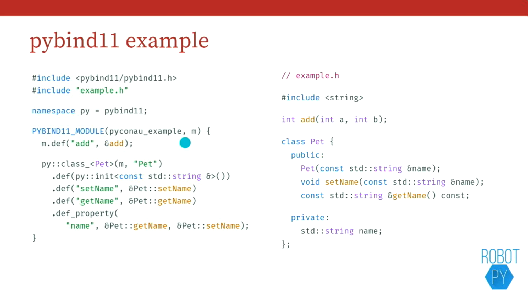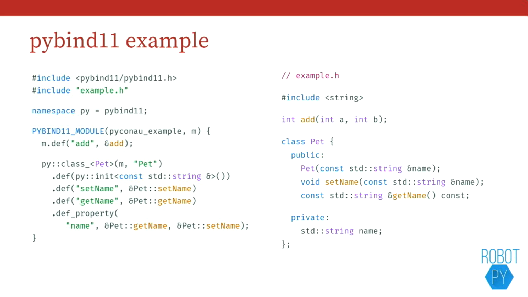And then M here is a variable name in the C++ code to say, this is the module that I'm putting together. So the first thing that we have here is we define an add thing. Specifically, we're putting the add function that you can see on the right-hand side, that declaration, and we're exposing that to Python.